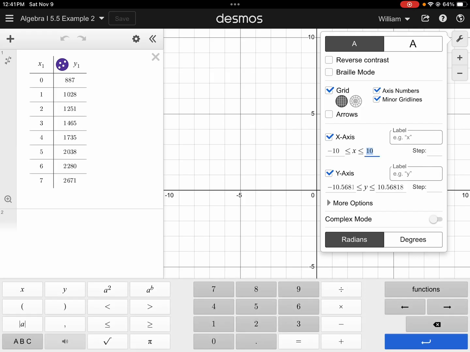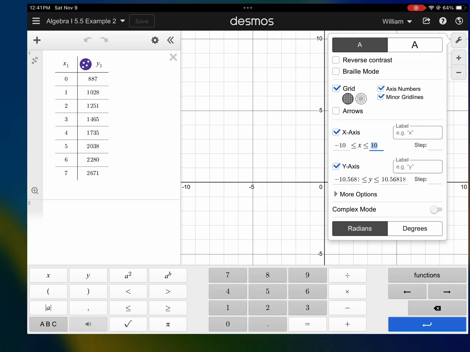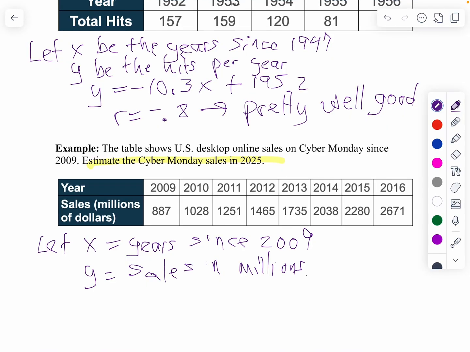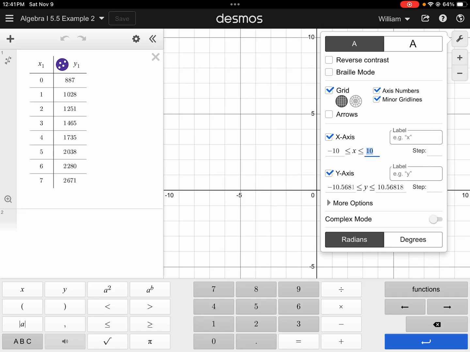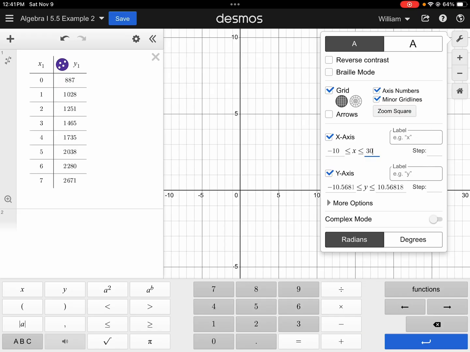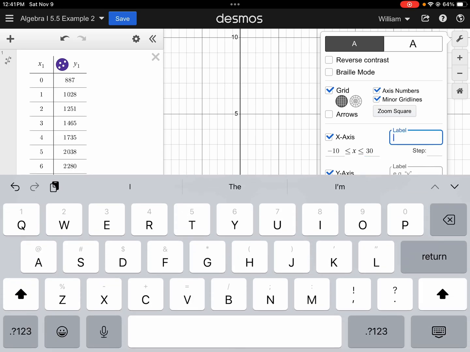Let's go, because we started in 2009, I want to go to 2025, so let's have that go up to 30, and 34. So I'm going to have my step be 5.